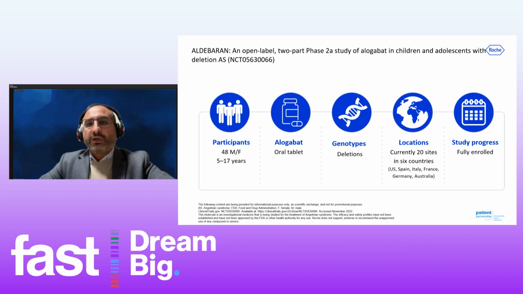Aldebaran is an open label study. Open label means no placebo, all the patients receive the investigational therapy. Alogabat is tested in children and adolescents. So far, 48 male and female individuals with deletion Angelman syndrome, 5 to 17 years old, were recruited in the study.